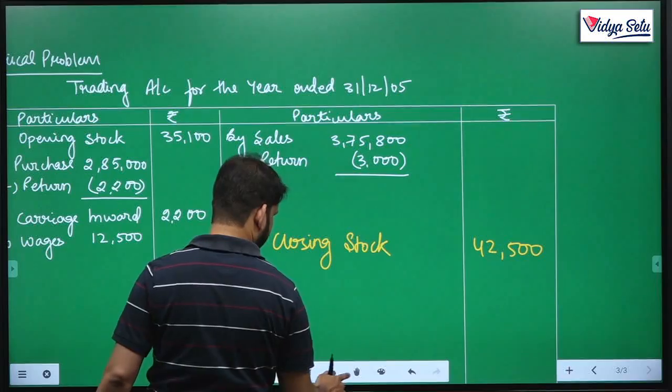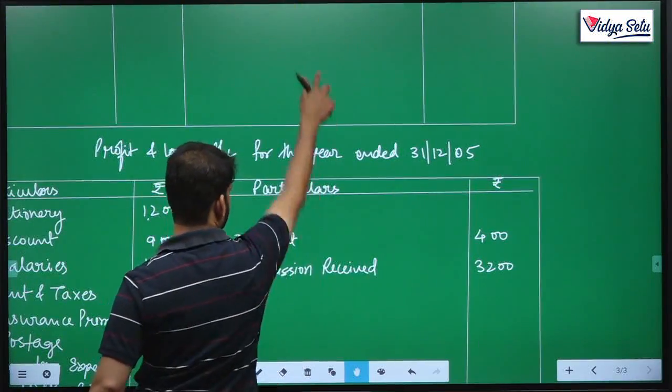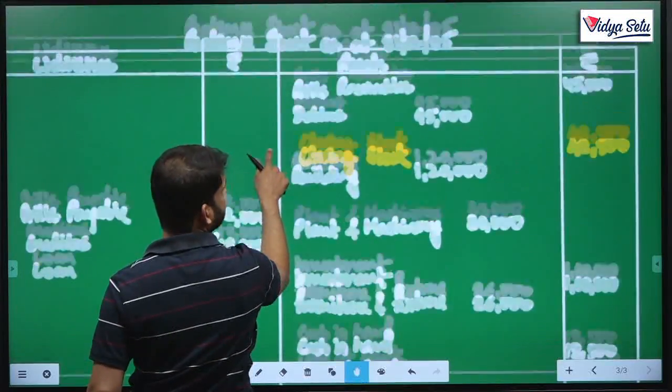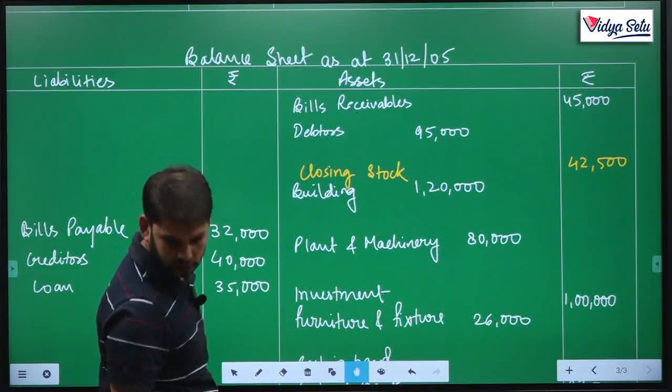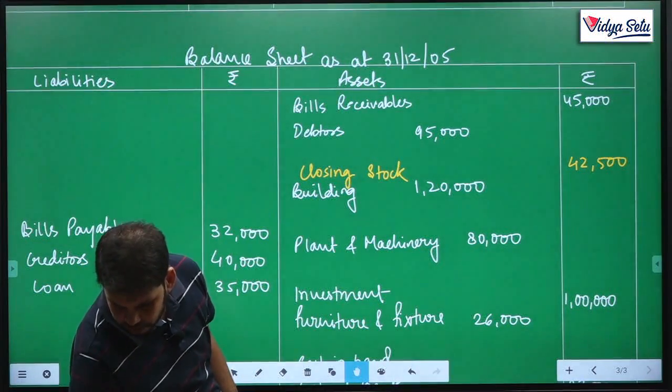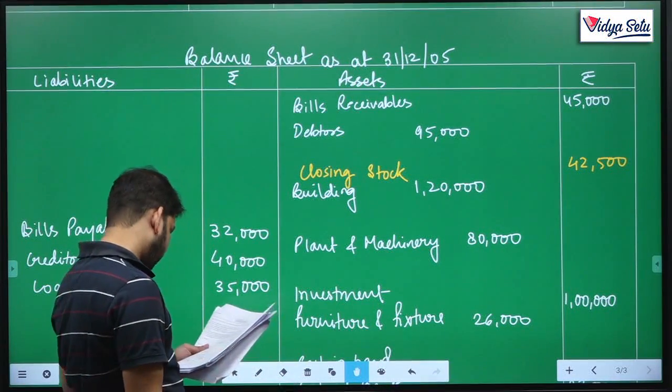Provision of 5% on debtors. So, how much were the debtors? Let's find out. Debtors were 95,000.